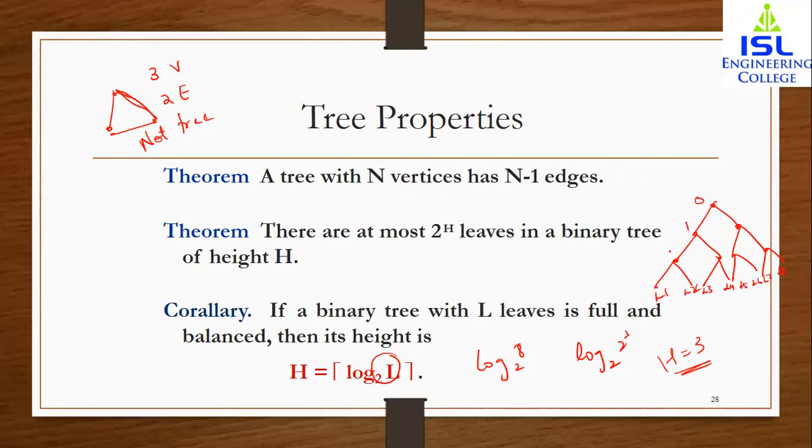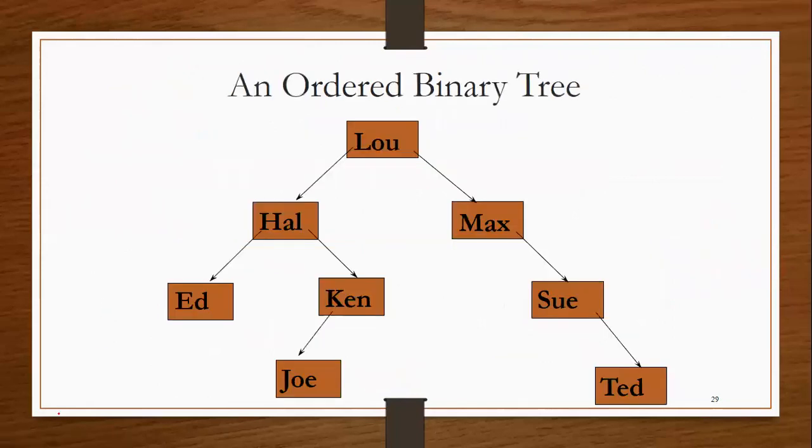So now let's count 0, 1, 2, 3. Height is 3. Okay. If the height is 3, then you will have 2 cube, 8 leaves, and vice versa. If the number of leaves is L, then log L to the base 2 will also give you its height.